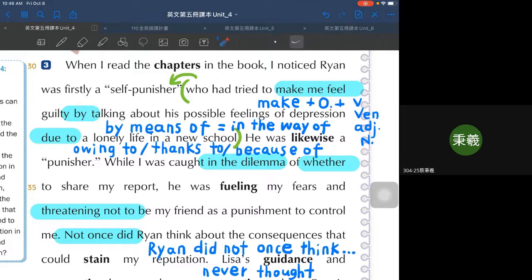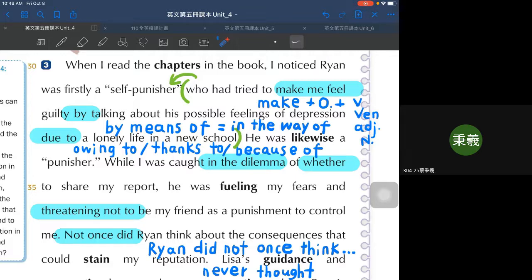By here means using a certain way of, by talking, which means by means of talking or in a way of talking. So this person had tried to make me feel guilty by means of talking about his possible feelings of depression.